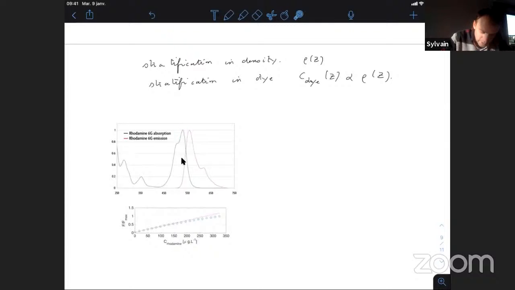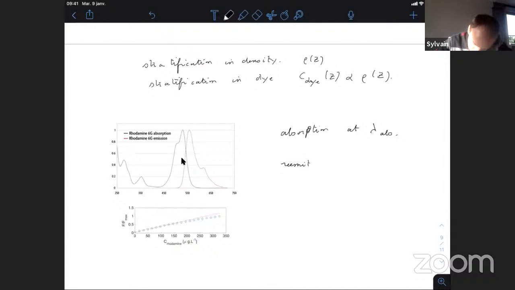So you have absorption at lambda absorption, and the dye will re-emit some light at a different wavelength, lambda fluo, which is different from lambda abs. It's what is shown in this figure.